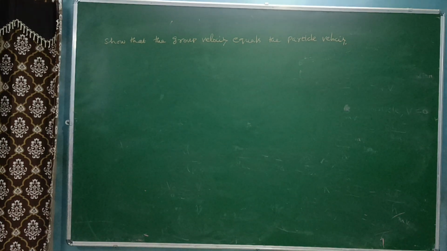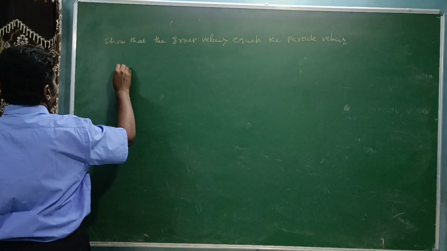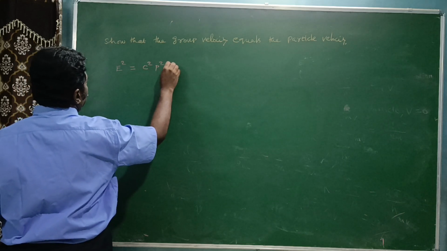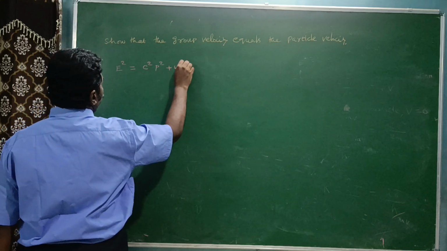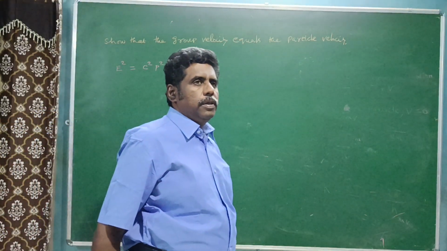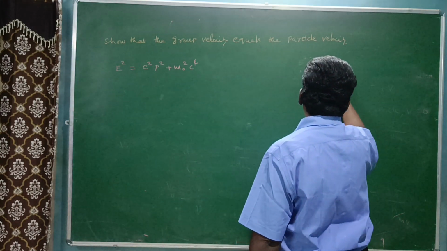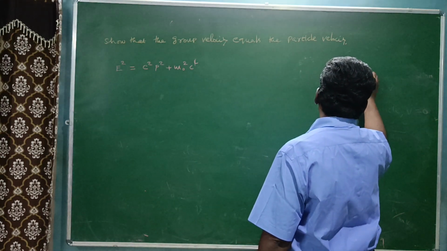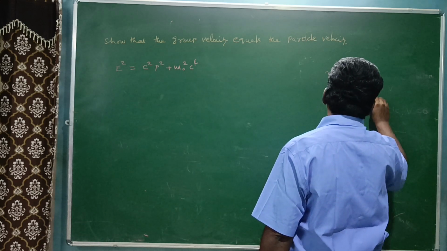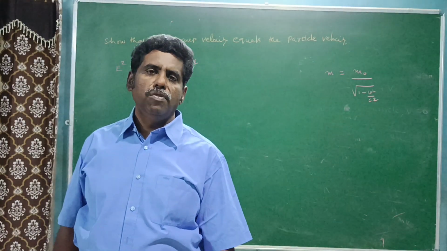For the relativistic case, the expression for energy is E square equal to c square p square plus m0 square c power 4. This is the value of energy for the relativistic case. You know that m is equal to m0 divided by root of 1 minus v square by c square. m0 is the rest mass, m is the moving mass.